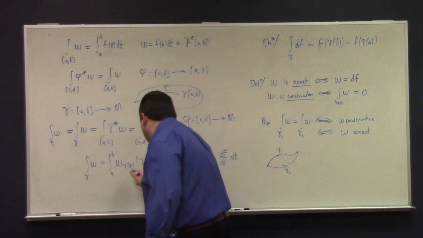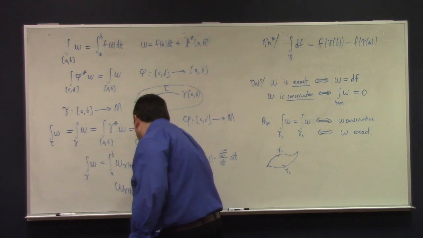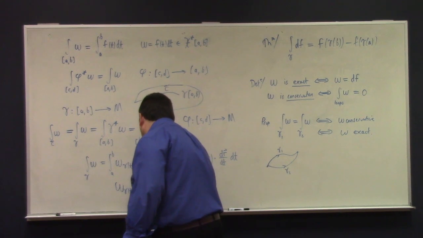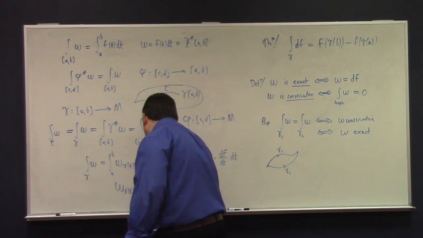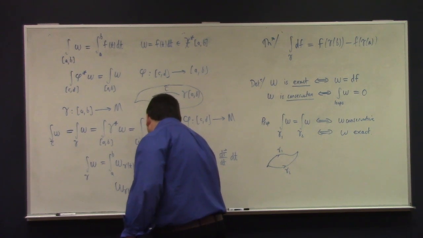Notice that this right here, omega of gamma of t, if we rewrite that, it's like the partial of gamma i, d gamma i/dt, partial x i.